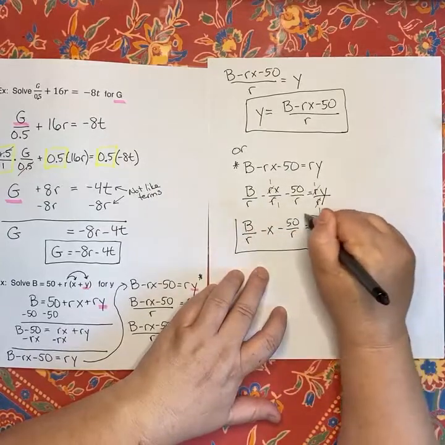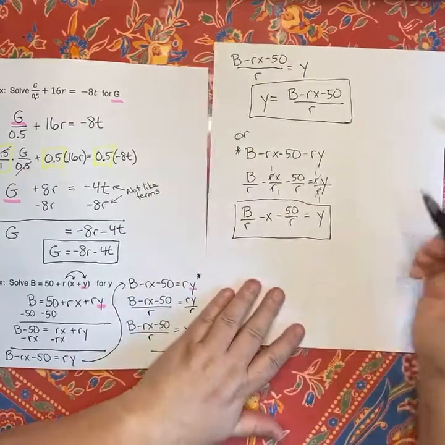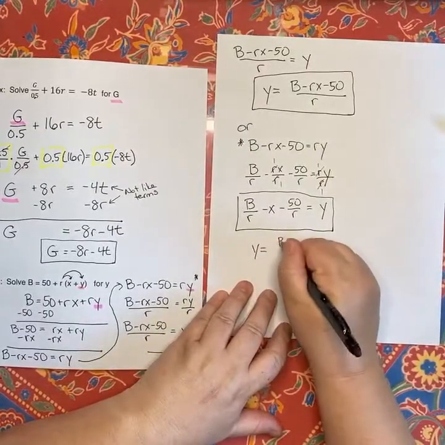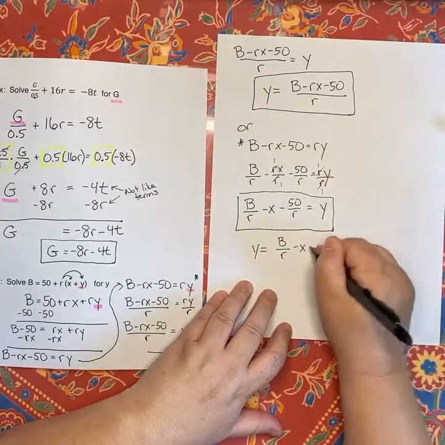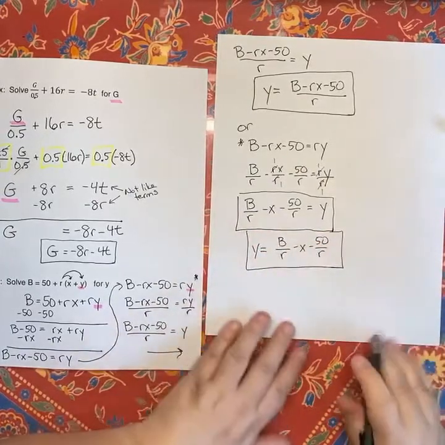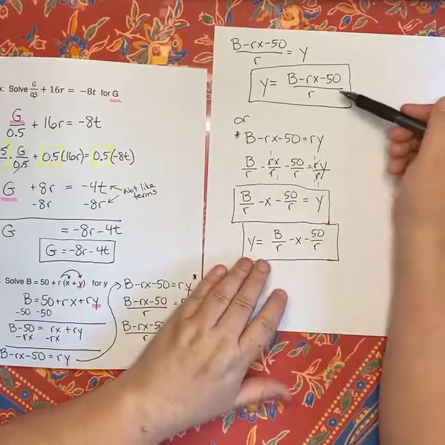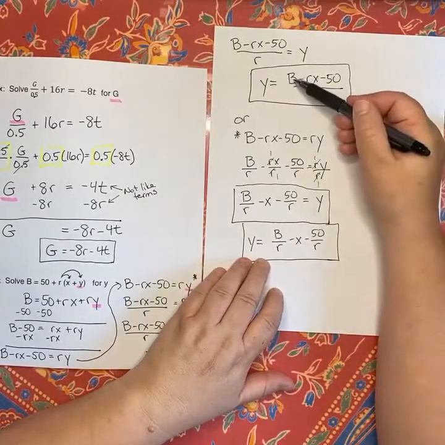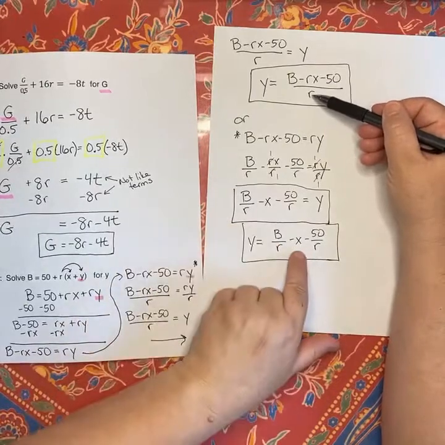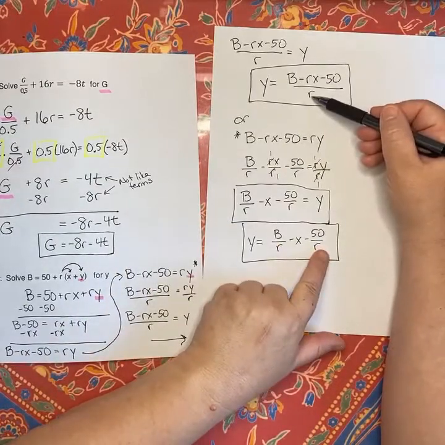Is this answer different? Well, technically, these are not the same answer. Ooh, sorry, I didn't write it the other way. B over r. I got so excited about drawing a box around it. There we go. These two, you can see the b over r right there. You can see the minus rx over r right there. See the minus 50 over r right there.